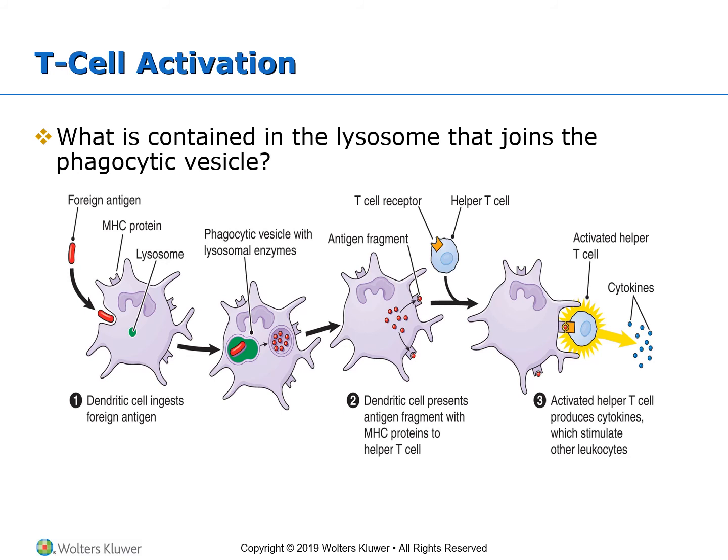Those microparticles will be exposed on the outside of the dendritic cell, presented to other cells on the surface, and the T cells will recognize those tiny fragments. As a result of connecting to them in a lock and key type of mechanism, the T cells will become activated and will release the cytokines on the outside.